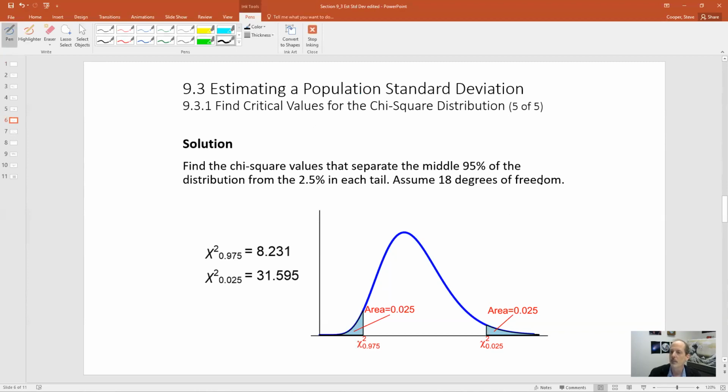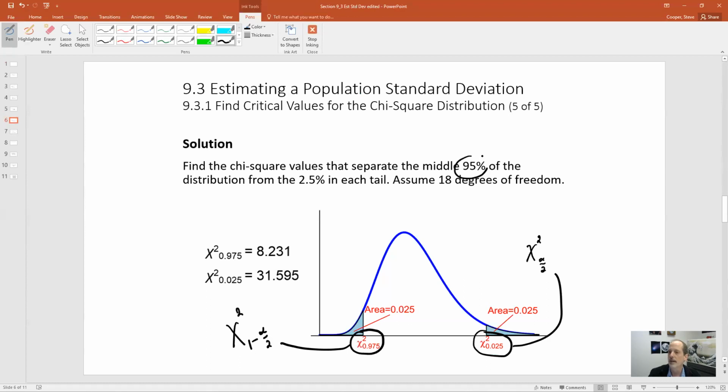Okay, so basically what this is chi-square of alpha over 2. And this is chi-square of 1 minus alpha over 2.